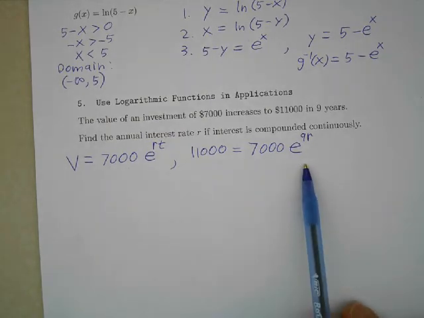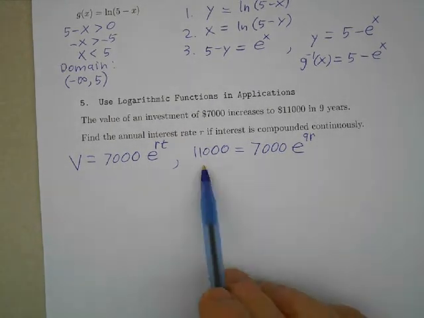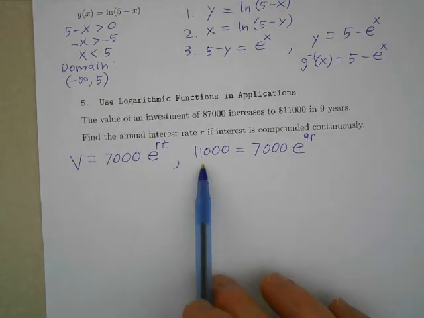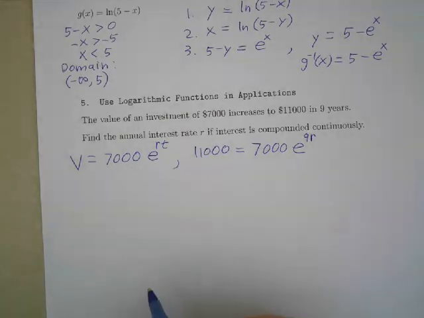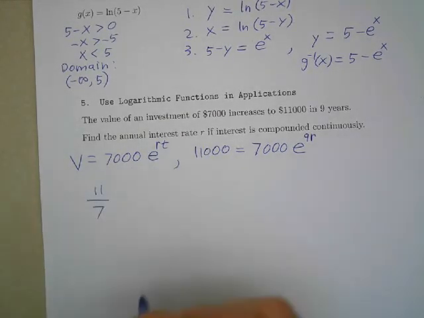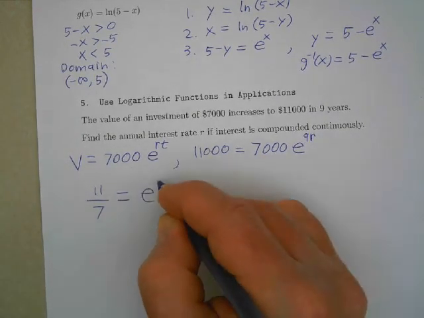Okay, so we're going to solve this equation for r. First, divide both sides by 7,000, and note that 11,000 divided by 7,000 is just 11 sevenths. So 11 sevenths is equal to e to the 9 times r.